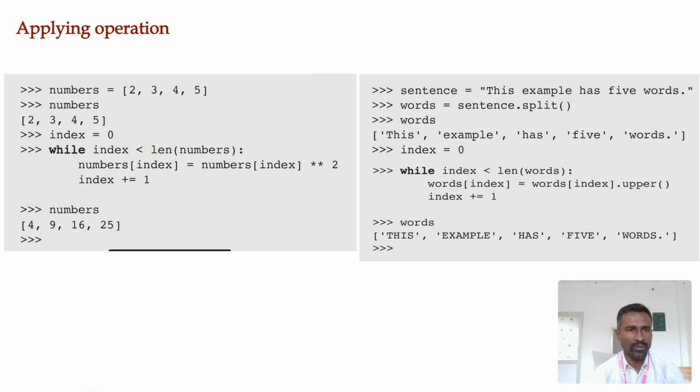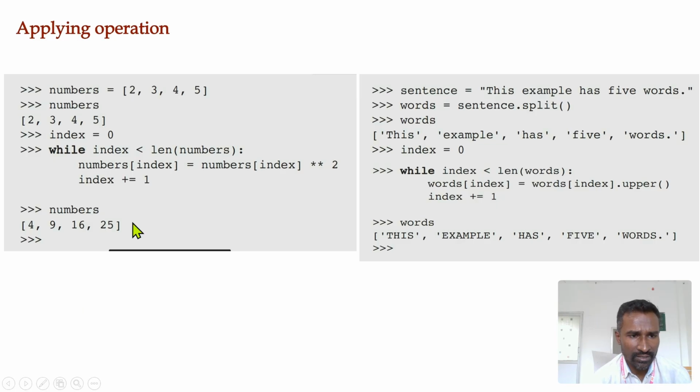And what operations can we apply directly within the list? There is a list called number. Index starts at 0, with an incremental value for comparison. While index is less than the length of the number, I apply the operation: number of index equals number of index multiplied by 2. Then index is incremented by 1, so 0 becomes 1. Again I print the number and the answer will come.